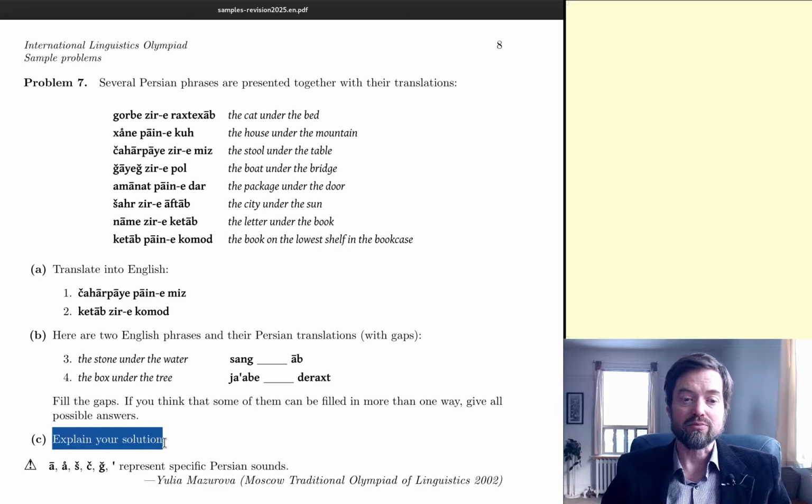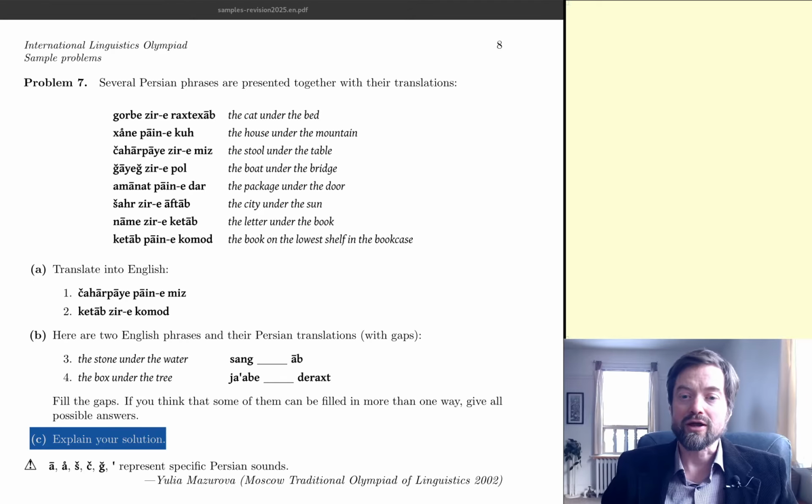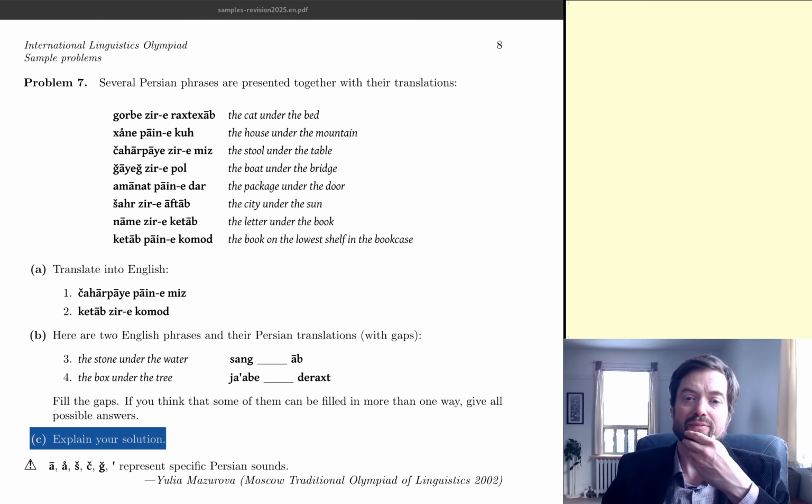Interesting note here: explain your solution. Typically there's a lot of gray area there, especially at the invitational or open level, the first level of these Olympiads, at least in the North American version. I know that in the North American Olympiad, the NACLO, the open edition, the first edition, is kind of multiple choice and short answer only.